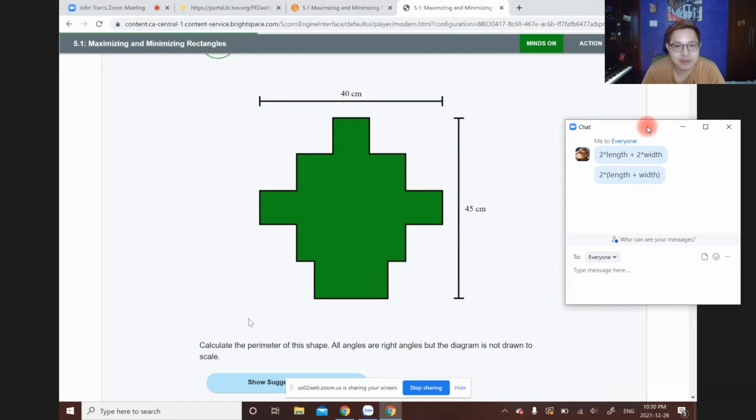This shape is quite weird, isn't it? Yeah, it's weird. So you cannot really just do it the same way that you did before. The diagram is not drawn to scale, of course, but all the lengths and widths are drawn to scale relative to each other, right? Even though the whole thing is not drawn to scale in reality.